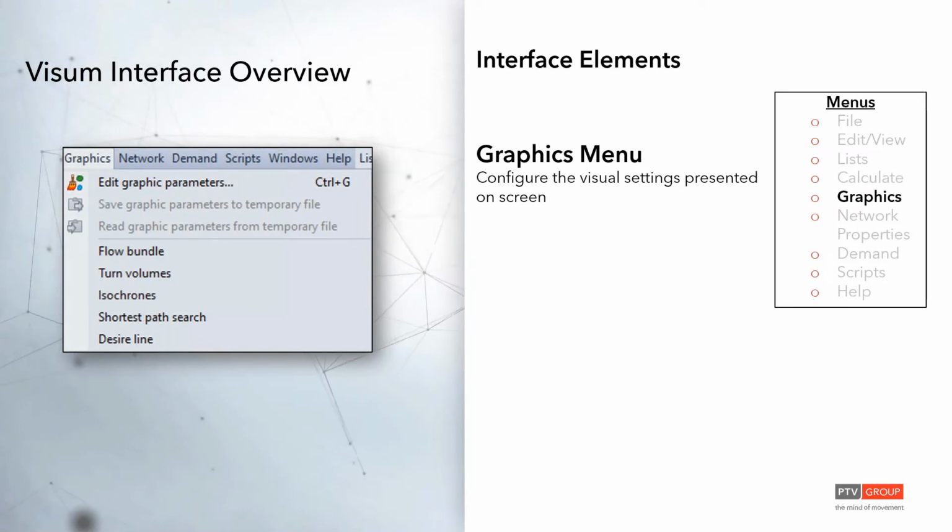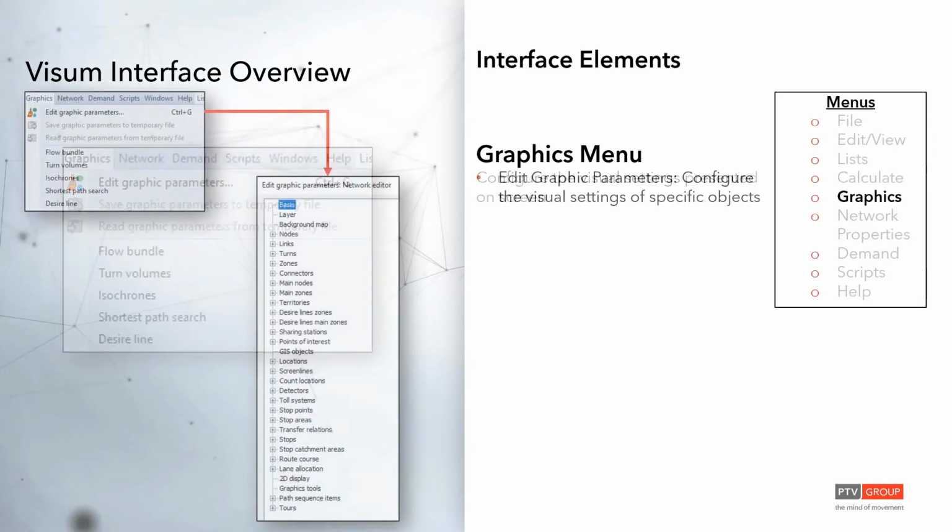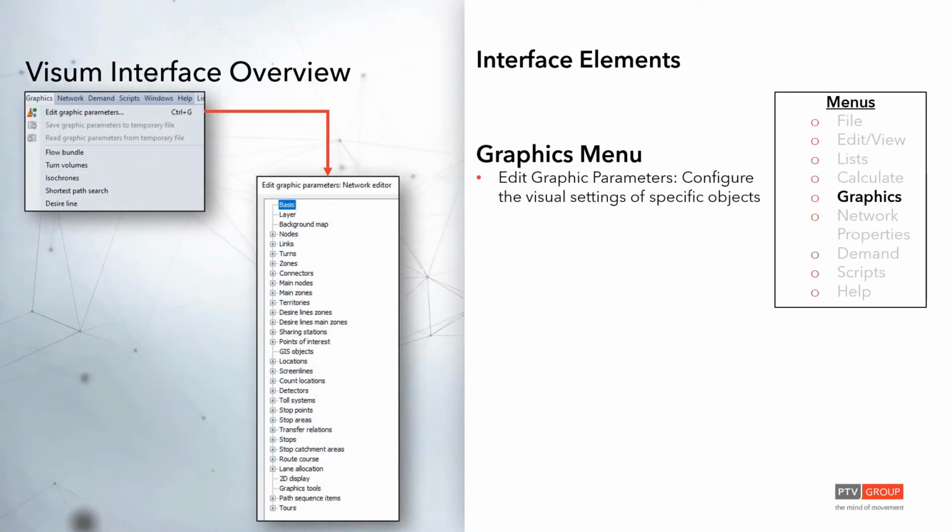Okay, moving on, the next menu item is the graphics menu item, and here you will find how to configure visual settings for different network objects. From this menu item, you get access to settings for all network objects.